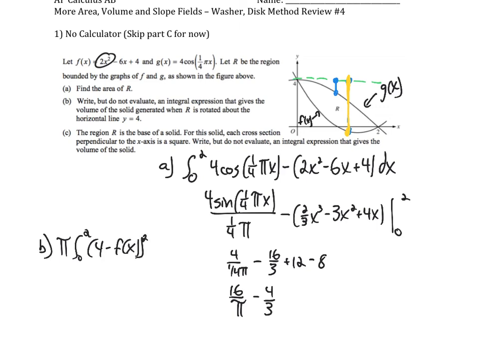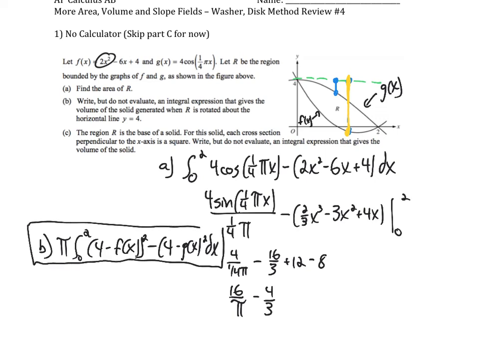And since that's a radius, we need to square it. And then we're going to subtract our inner radius. How do we define the distance between the two functions, or that short line in blue? That's just going to be 4 minus g of x, 4 minus g of x squared. And that's dx. There's part B right there.